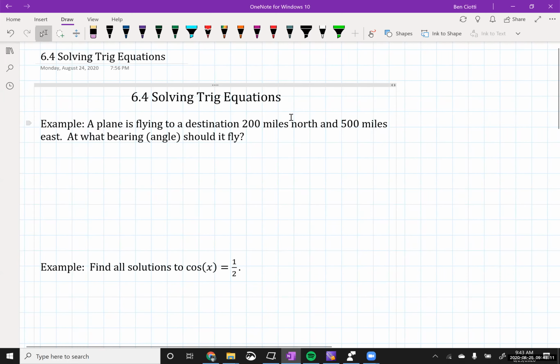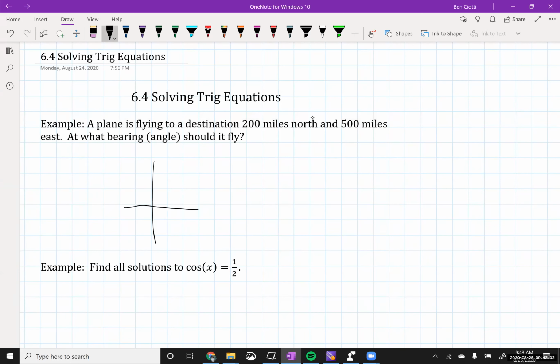So let's just finish off by doing this example, where you've got a plane that's flying to a destination that's 200 miles north and 500 miles east of its location. Let's say that plane is right there at the origin.